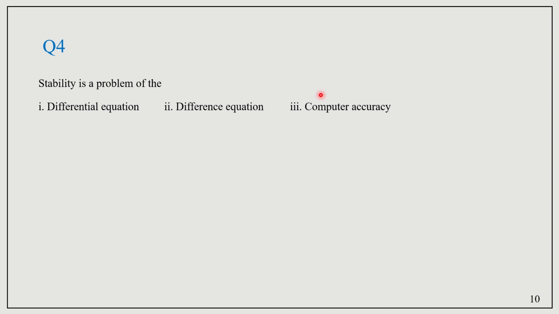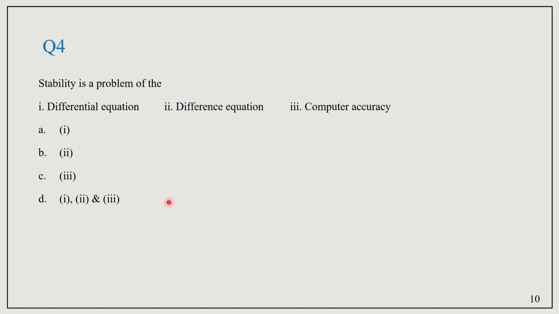Actually, it is a problem of all: differential equation, difference equation, and computer accuracy. Option A 1, option B 2, option C 3, option D 1, 2 and 3. So the right answer is actually option D, which implies that 1, 2 and 3 is the answer.